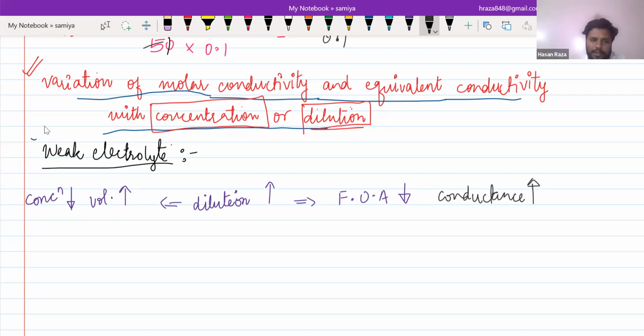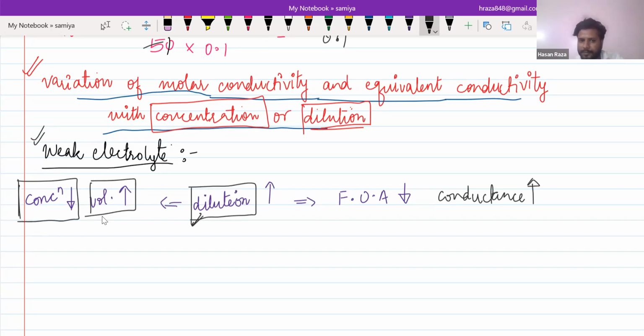So again, if there is a weak electrolyte and if you are going to dilute it, dilution increases, that means volume increases, that means concentration decreases. Now you can see, if dilution increases, that means particles are away from each other, that means force of attraction decreases. If force of attraction decreases, particles can easily move, that means conductance increases or not? Yes.